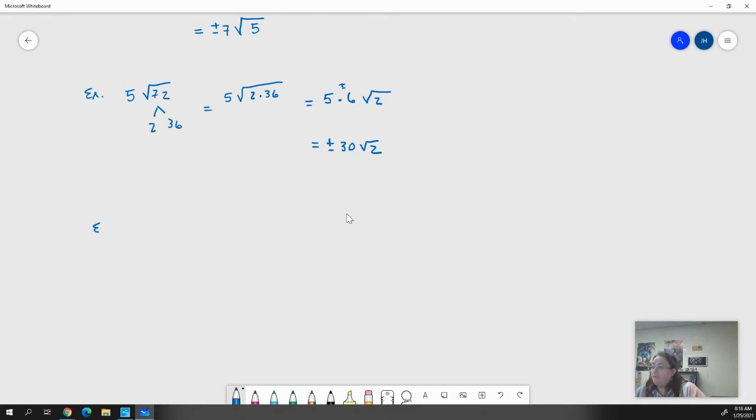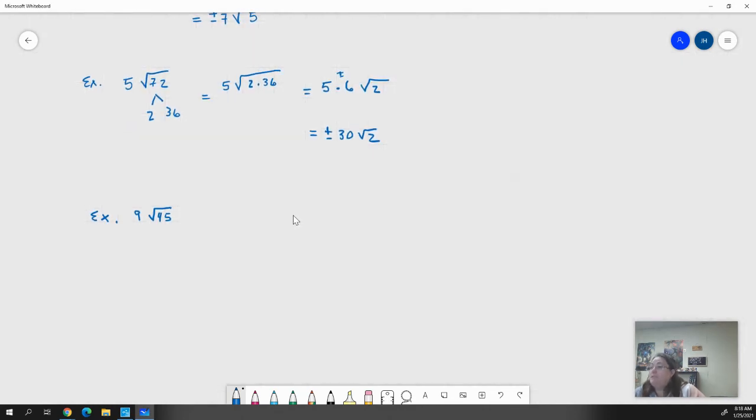What if I have 9 times the square root of 45? Well, 45 is another one of those numbers. It is not a perfect square, but it is divisible by 5 because 5 times 9 equals 45. And 9 is a perfect square. So right now I have 9 times 5 times 9.